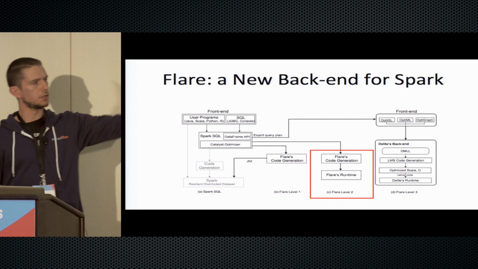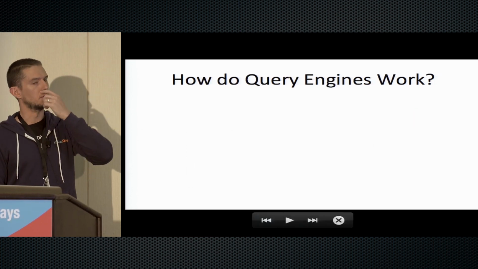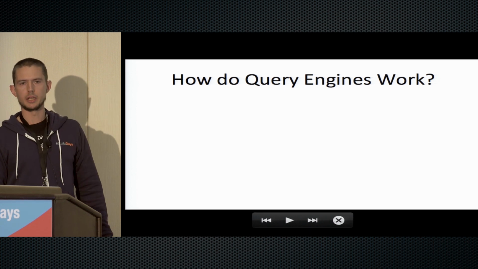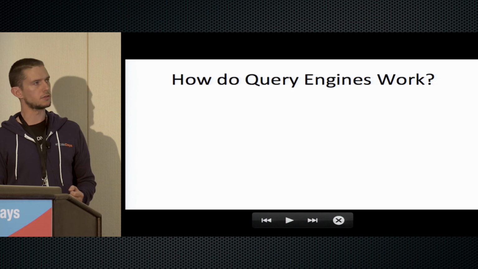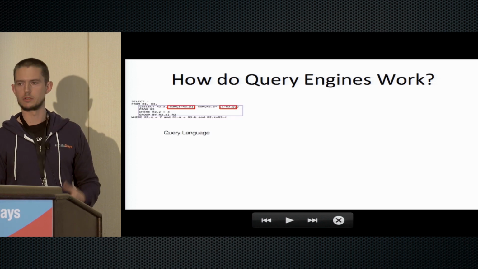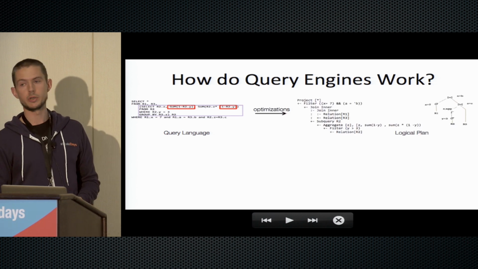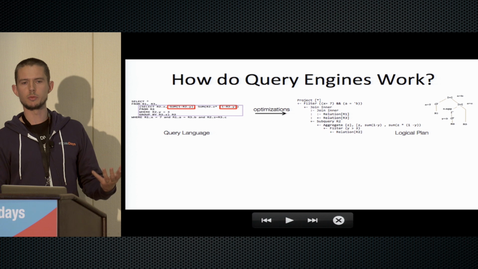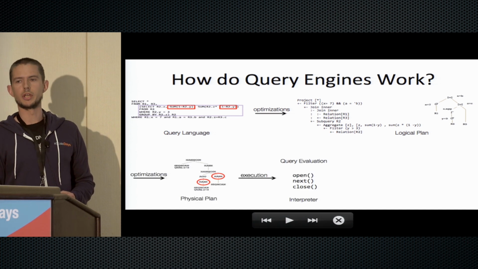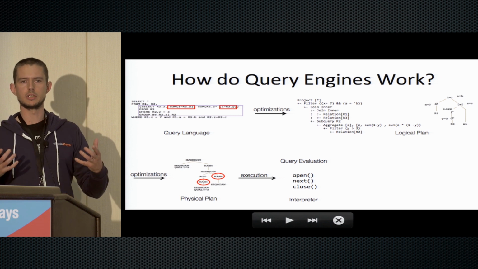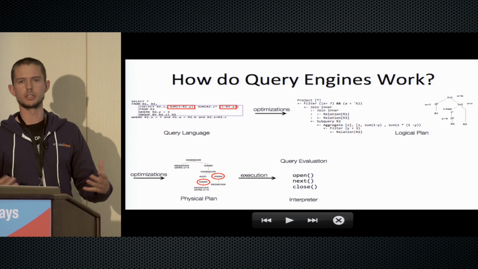Good. So as I mentioned, this is the architecture, and I'm going to focus on Flare level 2. We need to understand a little bit how these query engines work. If you look at a normal database system, or the way Spark is designed internally, you have a query language, you generate a logical plan, then you do some optimizations, you get to a physical plan, and most database systems will then have an integrated interpreter that interprets these query plans over the given data.